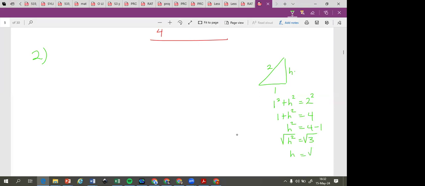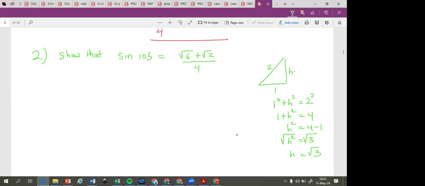So we are trying another number. Now, they want us to show that sine 105 is equal to root 6 plus root 2, everything divided by 4.